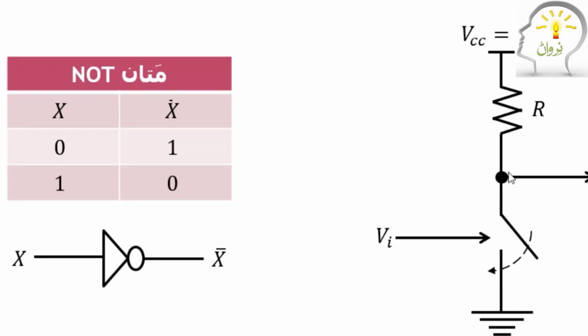If this switch is open, then what is the resistance between this node and the ground? Infinite. Okay, Divya, you are very intelligent. It is infinite.